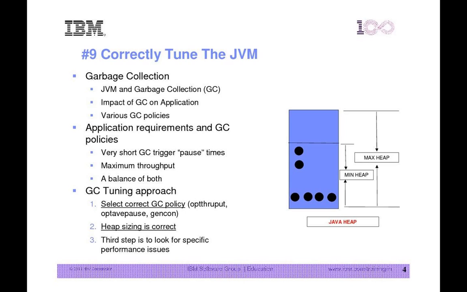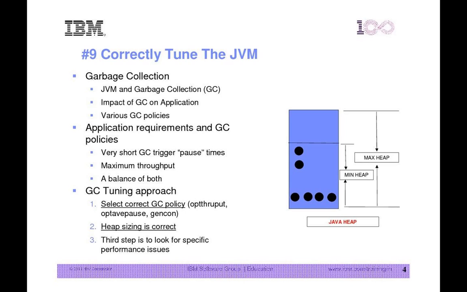When it comes to GC tuning, you select the right GC policy, and then you select the right heap size setting. Let's say you set the maximum heap size to a very large amount. During the application runtime, it keeps allocating objects until it reaches the max heap size. When it reaches the max heap size, a GC gets triggered, and it cleans up your entire heap.